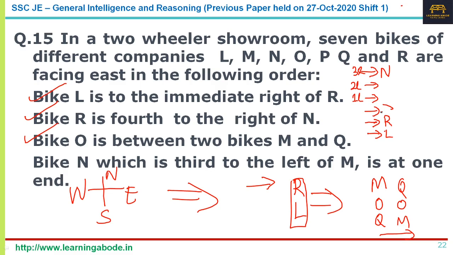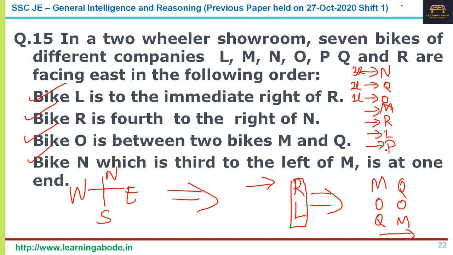After considering the fourth statement, we know it is not MOQ, it is QOM. So Q, O and M. Now what is missing is P. That should be at the other end, because it's very clearly given N is at one end.